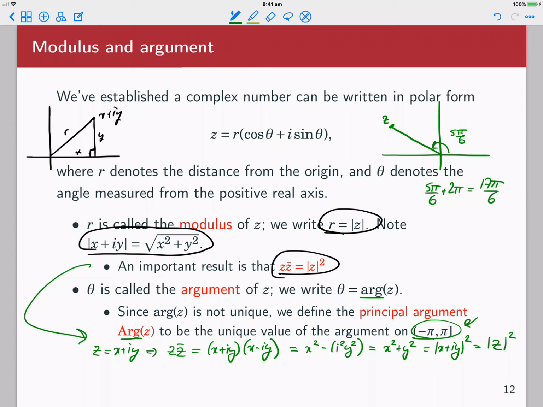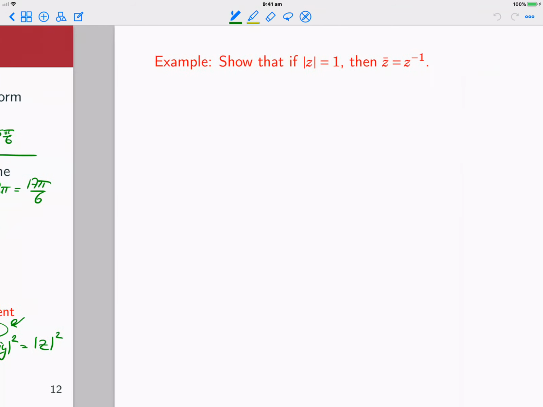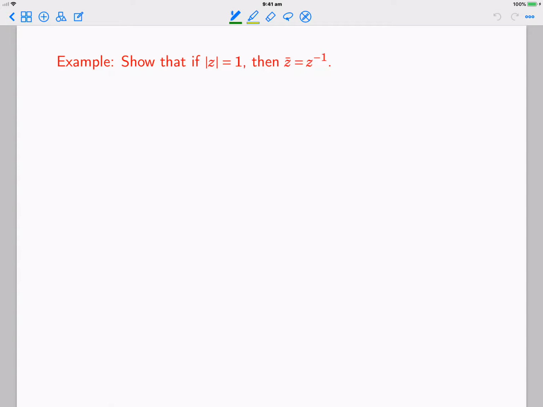Okay, so let's do some examples regarding modulus and argument, just to get comfortable with these ideas. So, first one that we'll look at is this one here. This example is actually a result, kind of a tool that you use in harder problems.